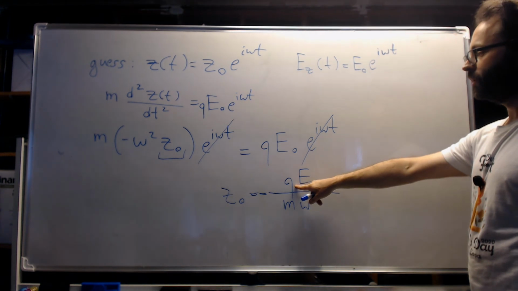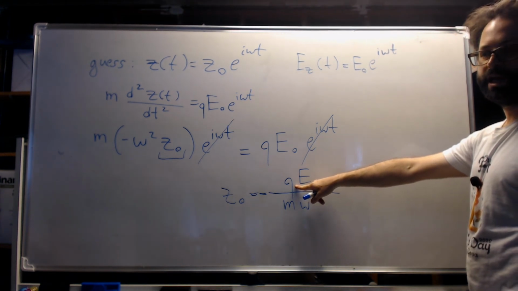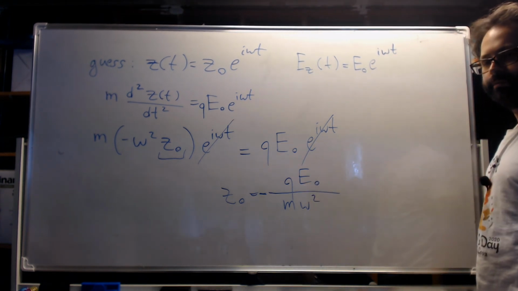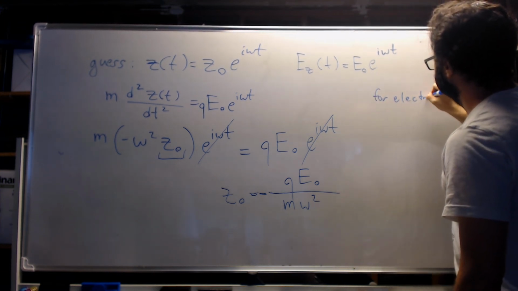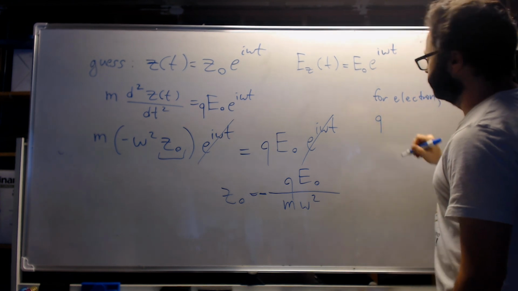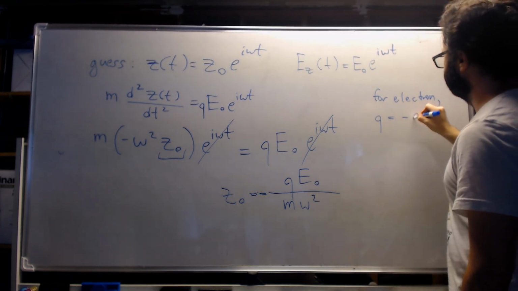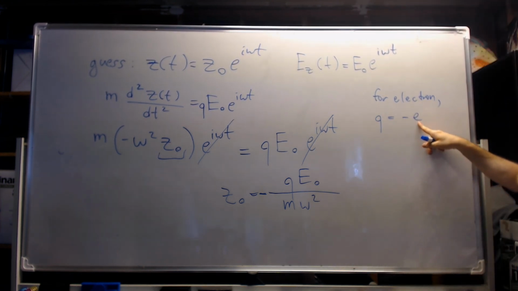Let's remember what Q now is. This was some generic charge, but now we're going to say that the charge on the electron is minus e, where e is a positive number, the charge on the electron, one can look it up. The minus makes it explicit that it has a minus sign.